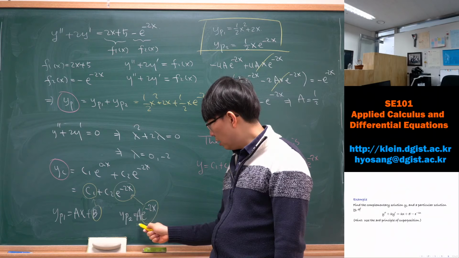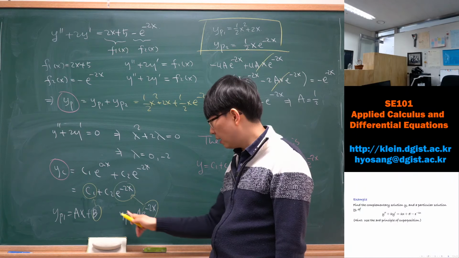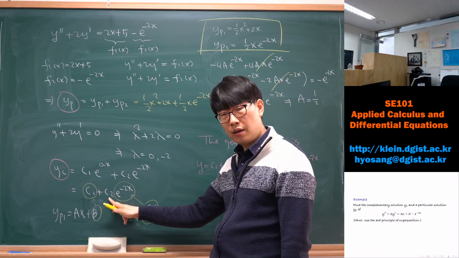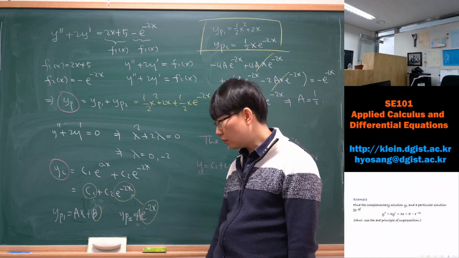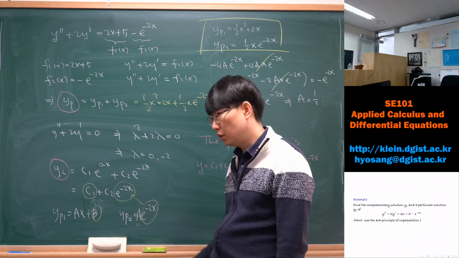So even if I specified a, that has no effect because this will be absorbed in this arbitrary constant c2, right? So basically I'm doing nothing here by guessing my particular solution.